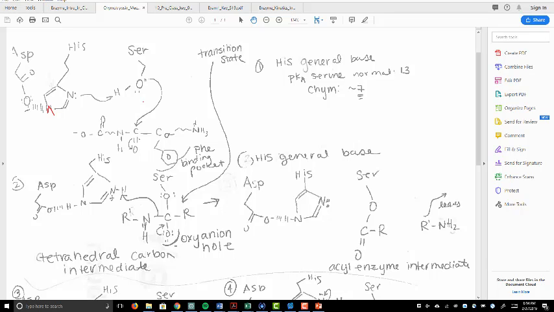So in the case of chymotrypsin, with the class, you look at the substrate and you look at the product and you go, what happened? And in this case, a bond gets broken and water gets added across it. So it's a hydrolase.